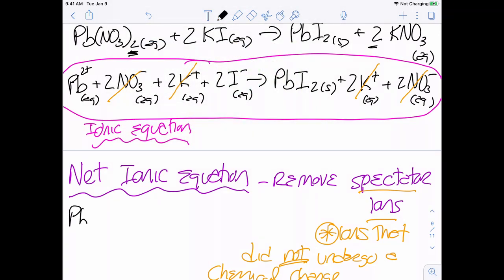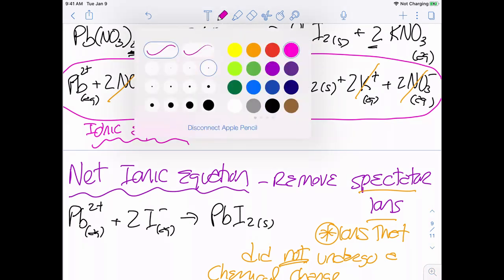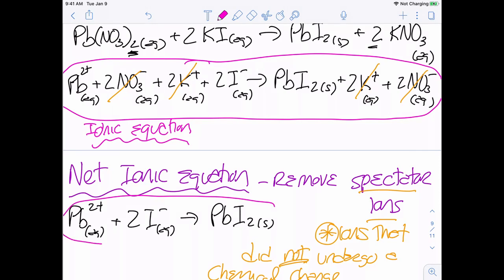So I have lead 2 plus and 2 iodide. And that's forming PbI2, which is solid. So this here is my net ionic equation. So what we're saying is when you take lead nitrate and potassium iodide and mix them together, the only thing that's happening is the lead ions are combining with the iodide ions to form lead iodide.